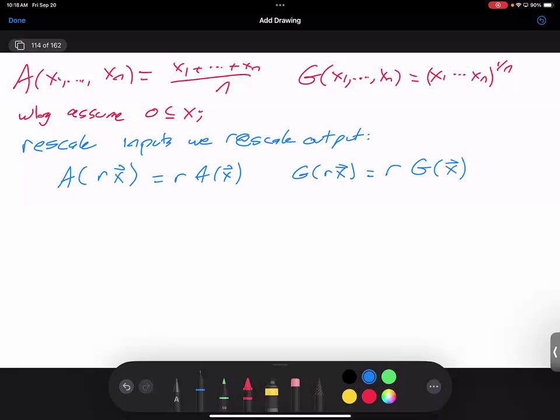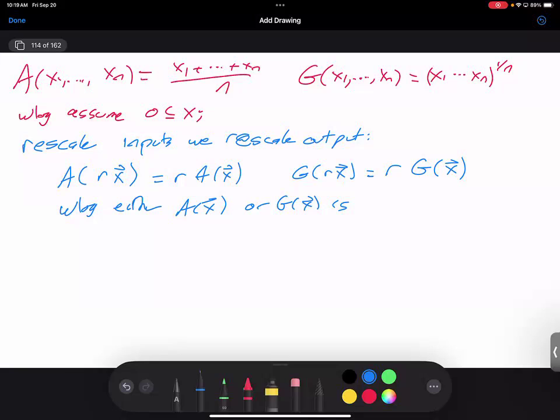So without loss of generality, what can you tell me about either a or g? What can I assume about the value of a or g without loss of generality?